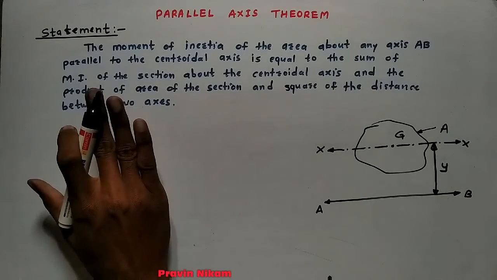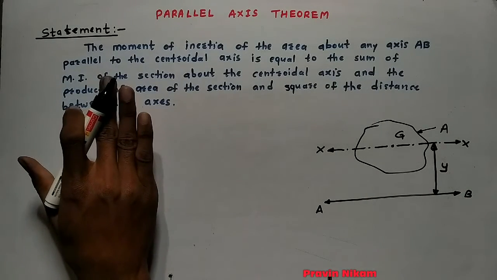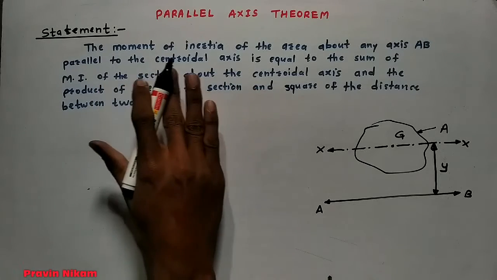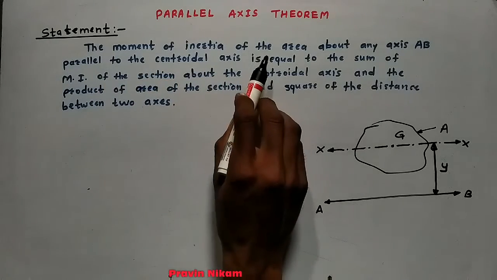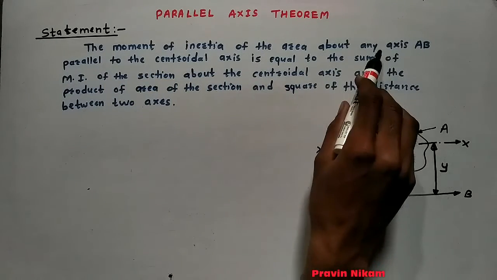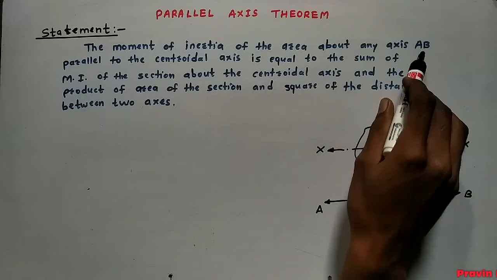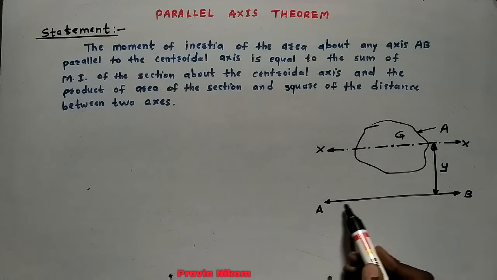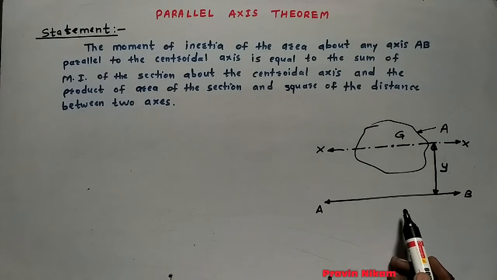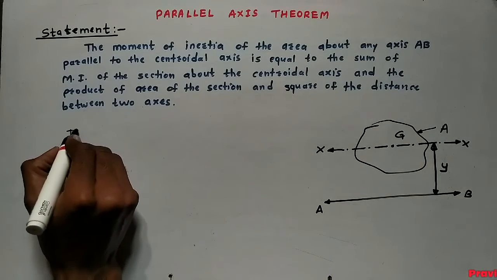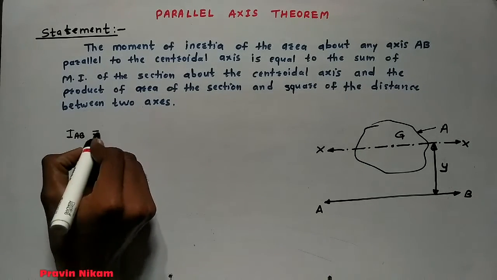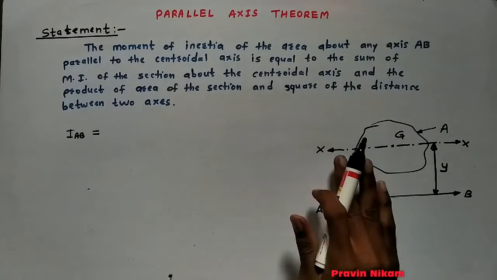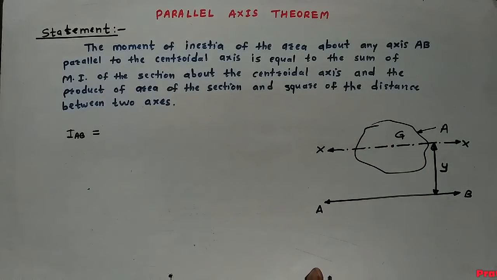Now let us read this statement carefully. The moment of inertia of the area about any axis AB, that is IAB, is about axis AB parallel to the centroidal axis.